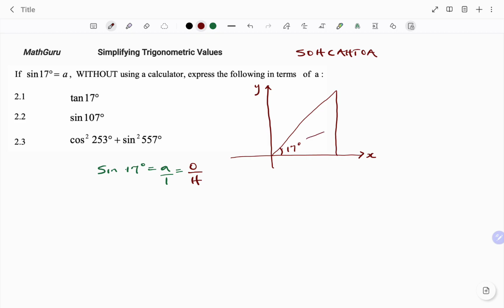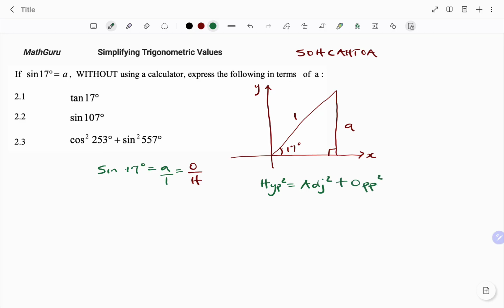The side facing the angle is the opposite, which in this case is my A, and the longest side, the side facing the right angle, will be my 1. So before I go ahead, I'm going to find my adjacent. Using Pythagoras theorem, the hypotenuse squared is equal to the sum of the squares of the other two sides, my adjacent squared plus my opposite squared.